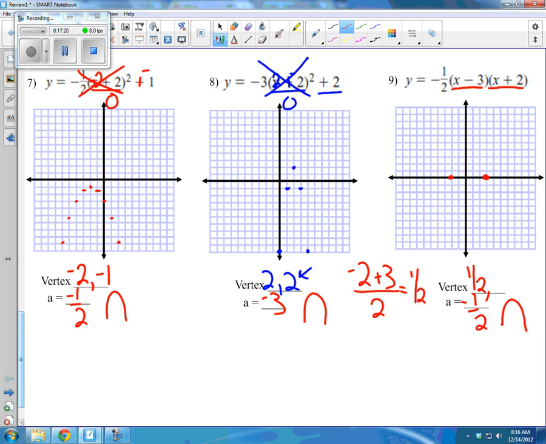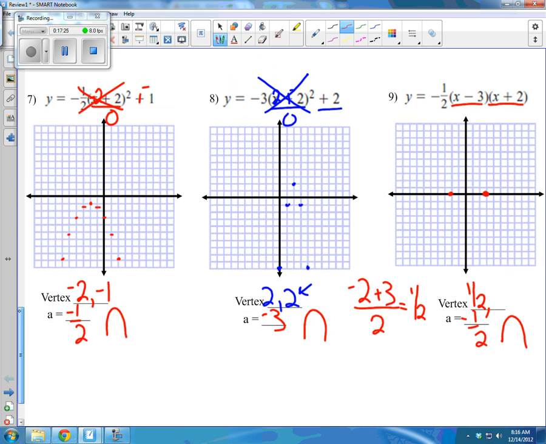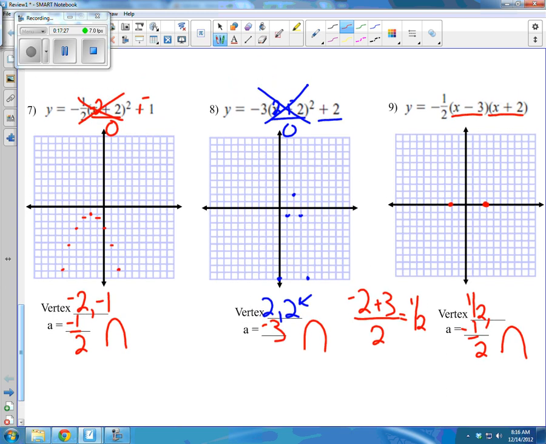And to get the y-coordinate, I'm going to put that right above the equation. I'm going to take that half and plug it in. So don't forget the -1/2 that's there. And then I'll have a half minus 3 and a half, which I'm going to put as a decimal for this one, plus 2. Again, you are more than welcome to type this into your calculator, but I would still write down at least what you're typing into the calculator.